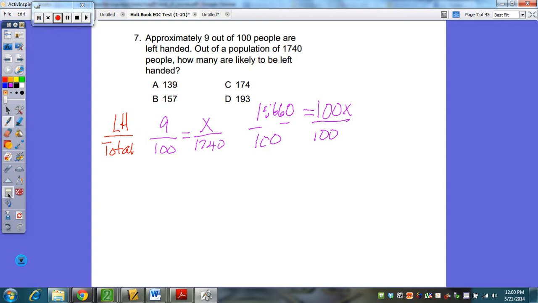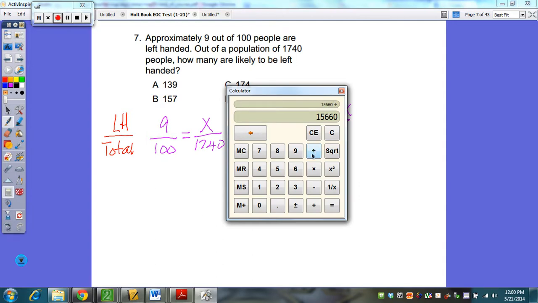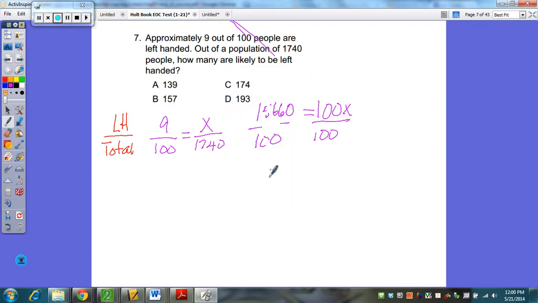And so coming back to the calculator, we're going to divide by 100. 15,660 divided by 100. And that gives me 156.6. So again, because we're talking about the likelihood, we can round this up to 157.